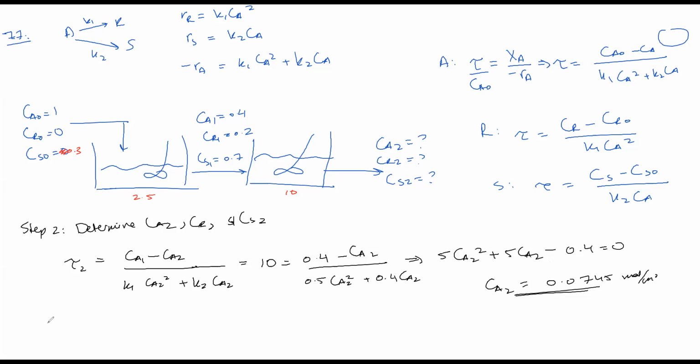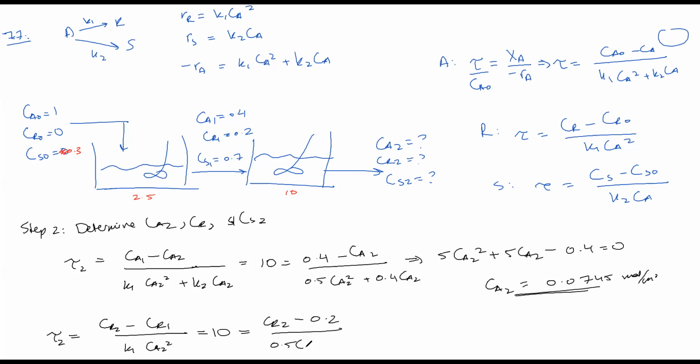So once I have CA2, I can use the taus for the other species to get CR2 and CS2. So again, I can use tau2 for species R in this case. So this will be CR2 minus CR1 divided by K1 CA2 squared, and this is equal to 10. CR2 is what I'm looking for. CR1 I'm given, it's 0.2. K1 I calculated is 0.5.